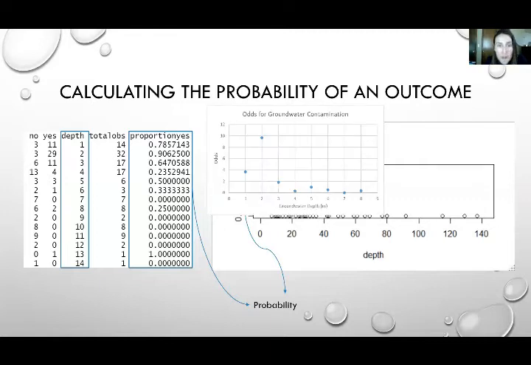And so if I take those probabilities though and do just the odds calculation, you would create this graphic. And what you can see here is that we still have curvature to our data. We still see that the odds for groundwater contamination drop at a quicker rate when you have shallow depths to groundwater than the rate that it drops down when you have more deep levels of groundwater.